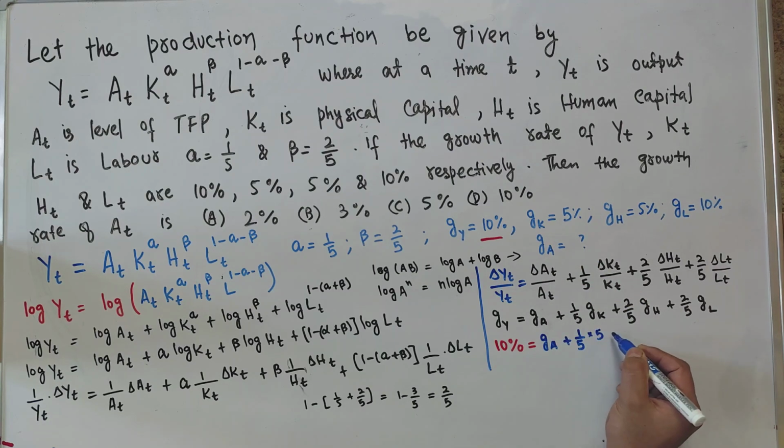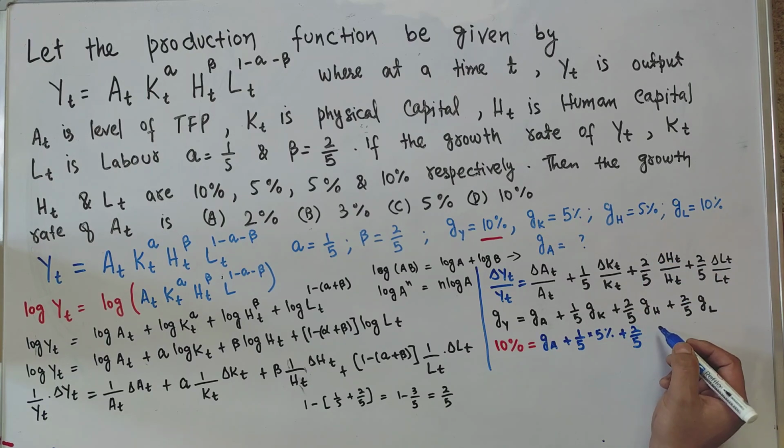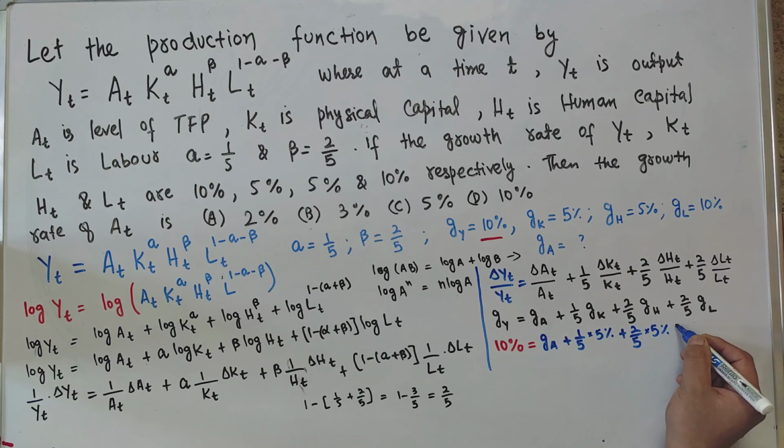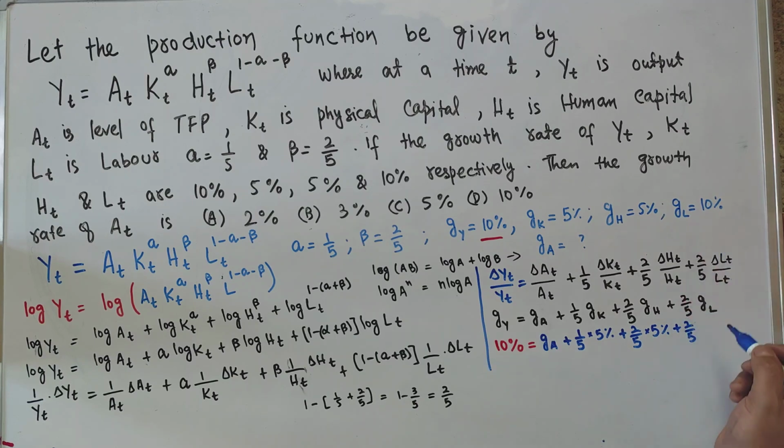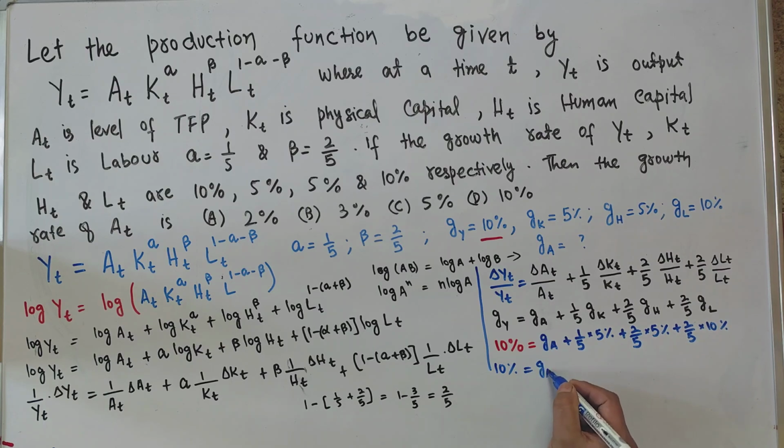Let's write here 5% plus 2 upon 5. The growth rate of human capital is also 5%. Let's write it here 5%, and plus 2 upon 5. The growth rate of labor is 10%. Let's write it here 10%.